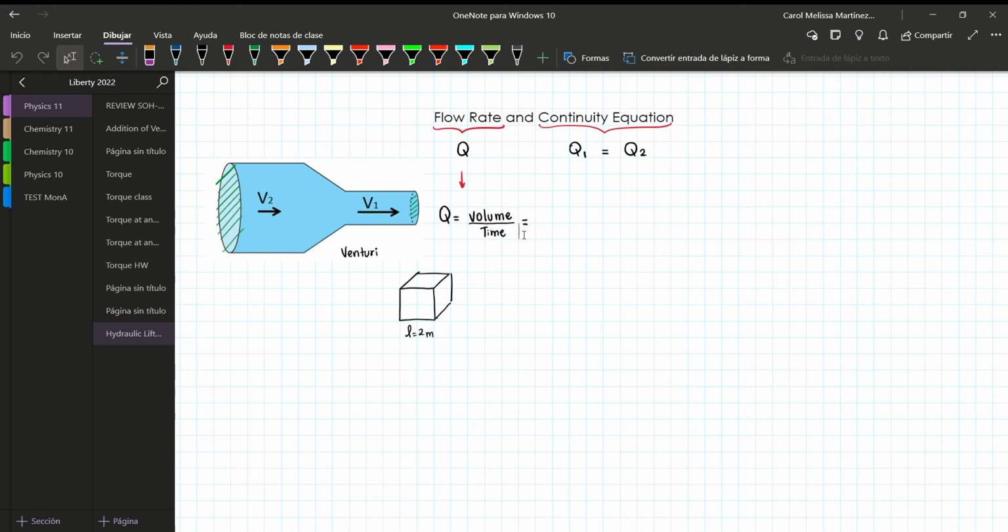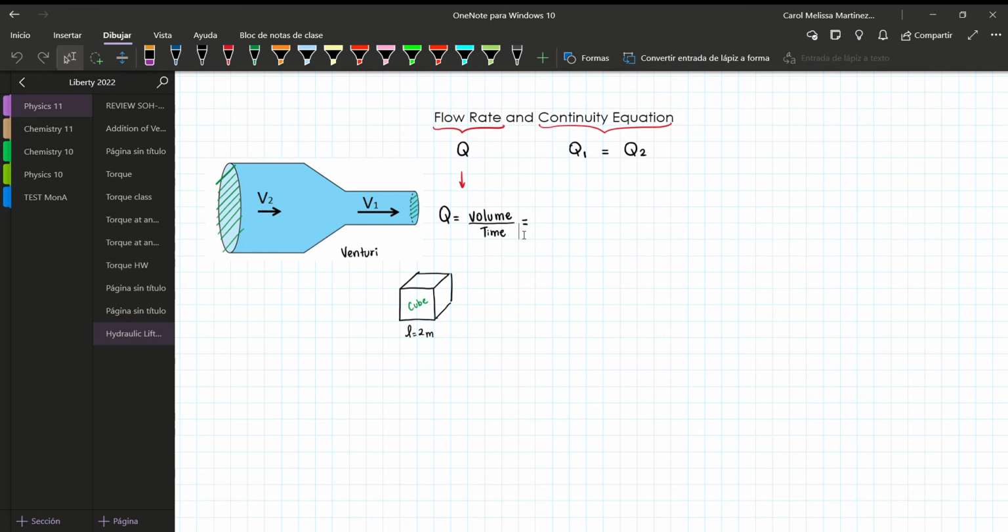So for example, if I tell you to calculate the volume of this cube, what's going to be the volume? Volume is how much space an object occupies. Okay, for example, a cube.